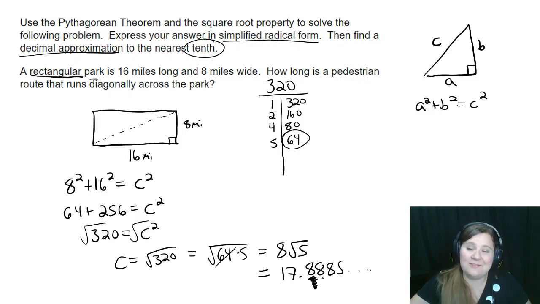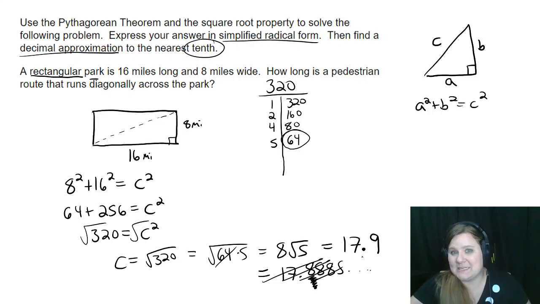Because the digit after it is more than 5, I need to round up. So instead of that, I'm going to have 17.9. So this is the simplified radical form, and this is the decimal approximation to the nearest tenth. Note that in both cases, our answer should be in miles. All right, great work.